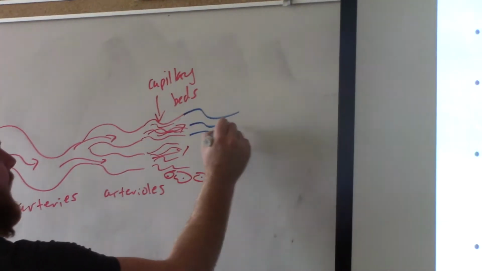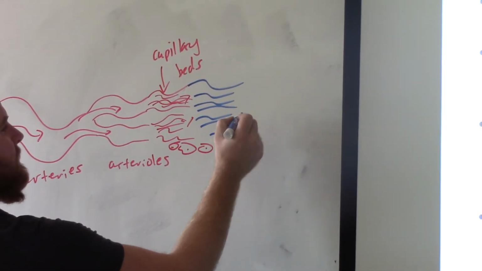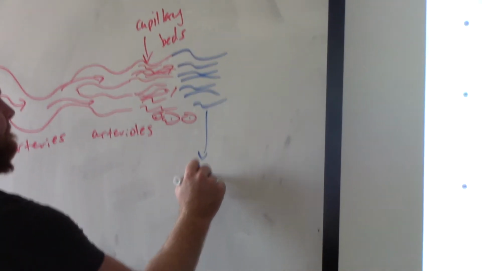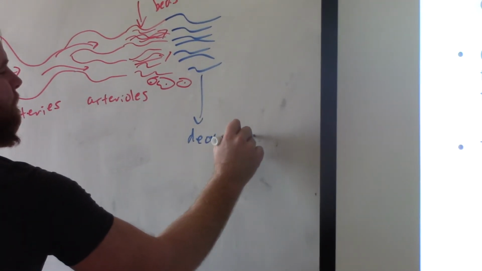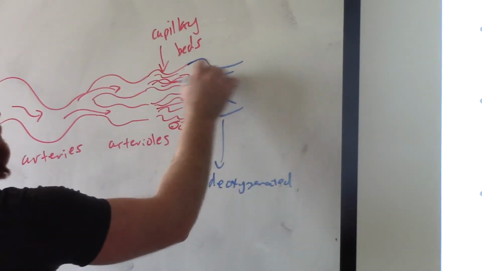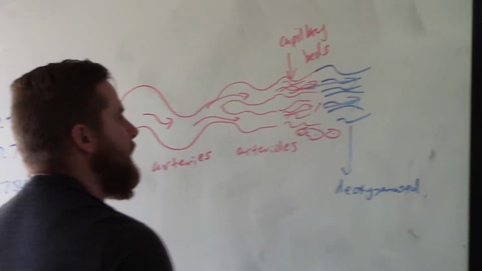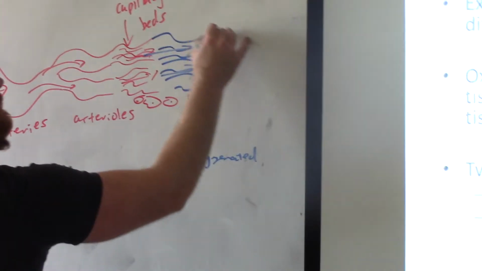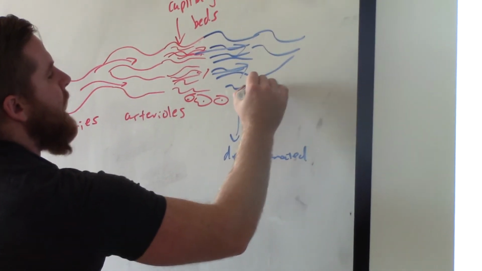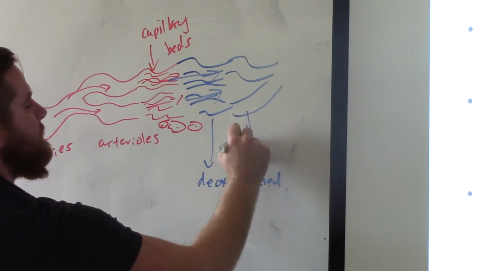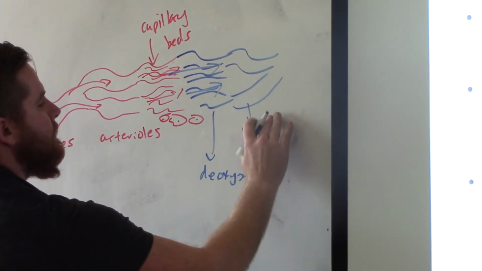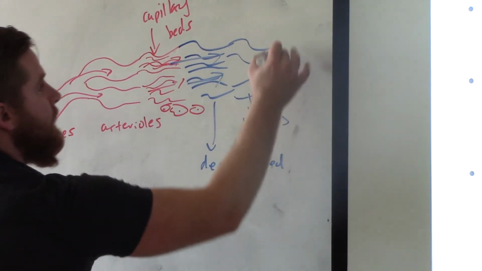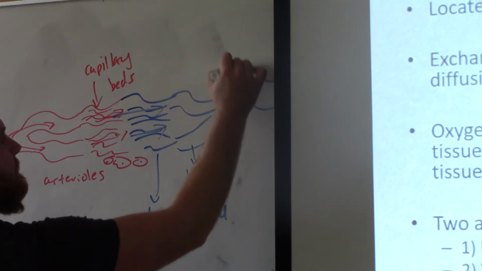As gas exchange happens, the capillaries pick up waste and they get deoxygenated. Okay? Blood is moving this way always. Blood never moves from vein to artery. Blood always moves from artery to veins. We have these larger veins called venules. And then that breaks up into main veins.